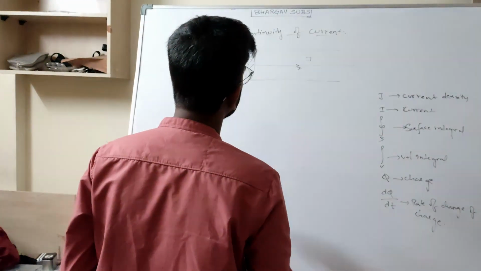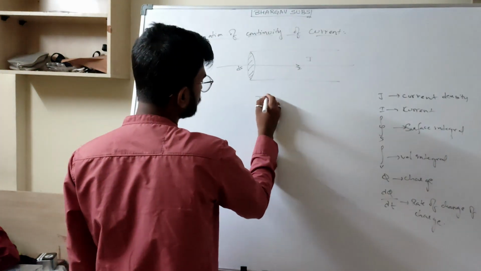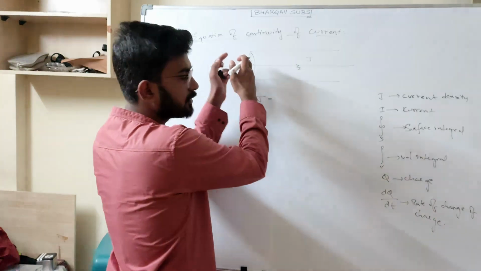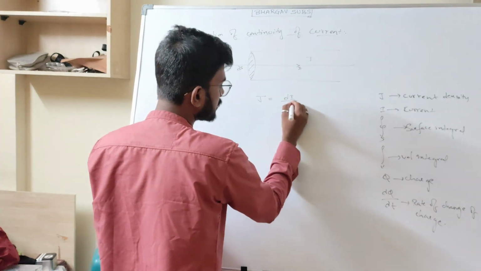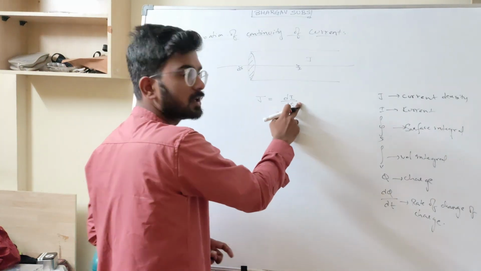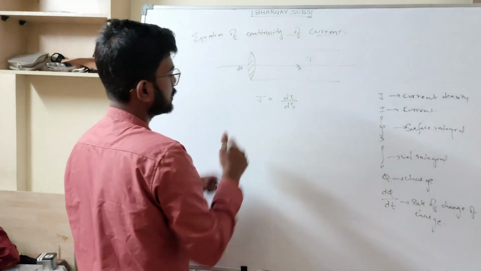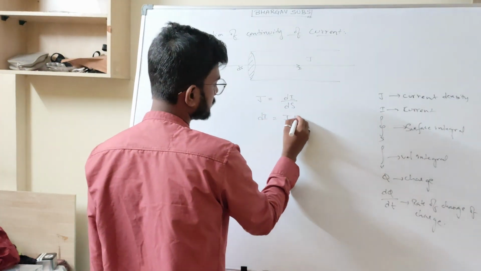Now see, J is the rate of change of current flowing through this surface ds. This is J, current density. Current density can be represented as di by ds, the rate of change of current flowing through the surface. Now di can be written as J into ds.